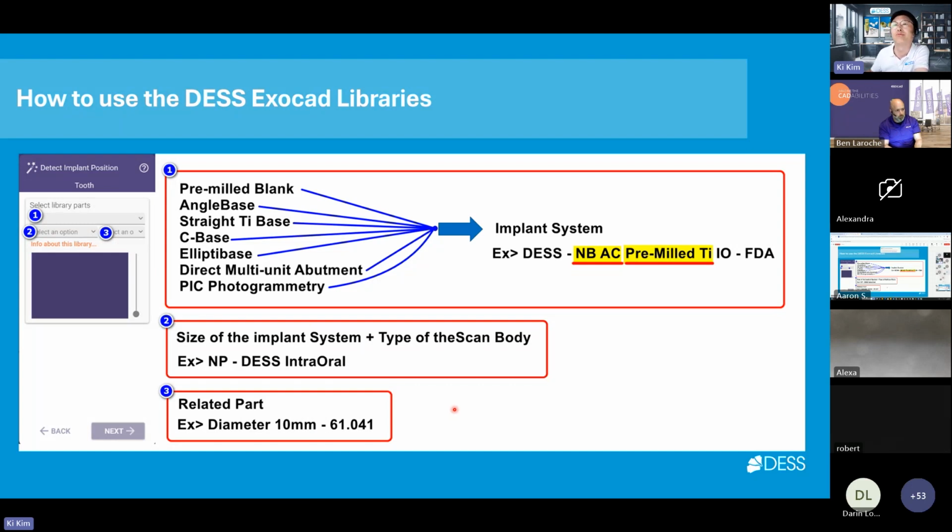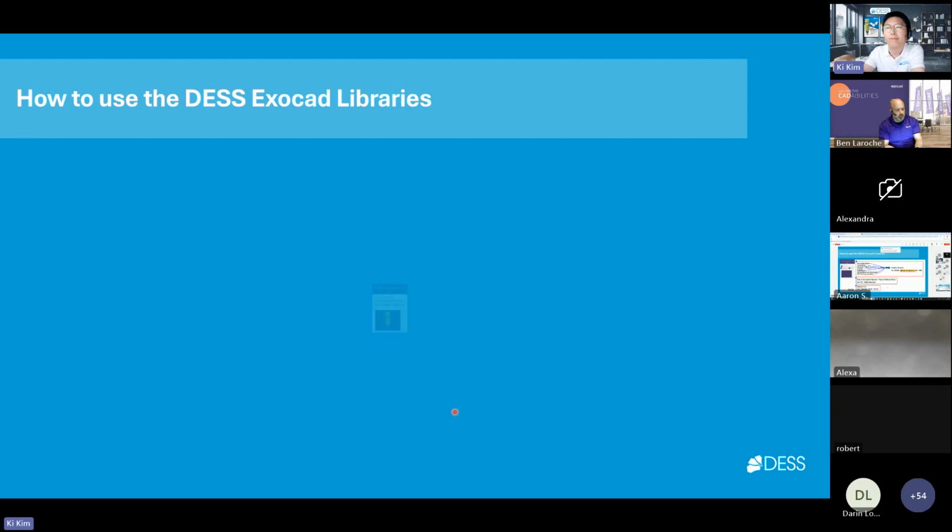For example, pre-milled blank is Nobel Active, and once you select, you can go to the next step. Size: NP is narrow platform, and type of scan body is intraoral scan body. And the third portion is where you can choose the right part. This is a pre-milled blank 10 millimeter, 61.041 is Nobel Active NP narrow platform.